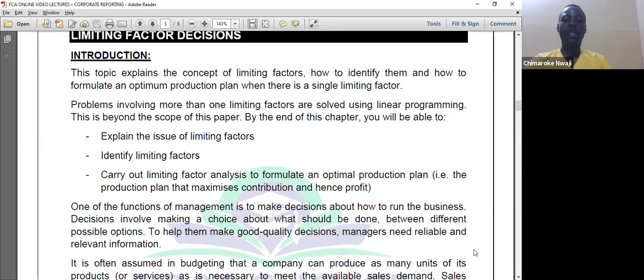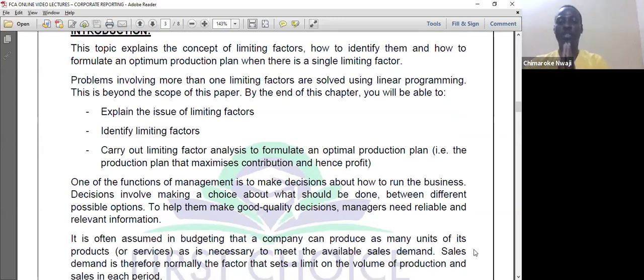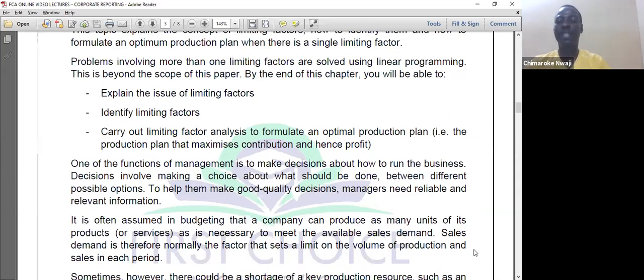Now, in a business, it is often assumed that in budgeting, a company can produce as many units as it can sell. And so the only thing that could limit your production is how many you can sell.